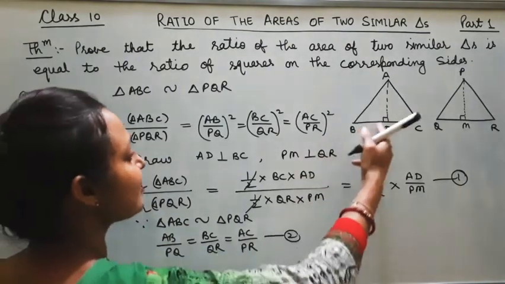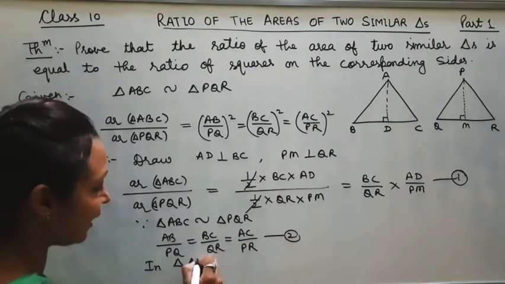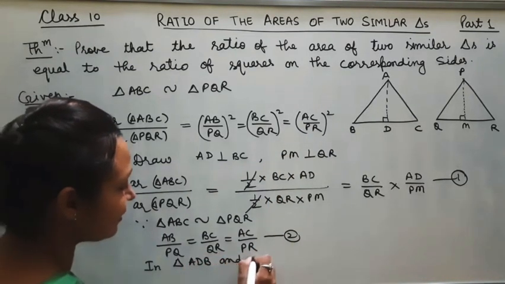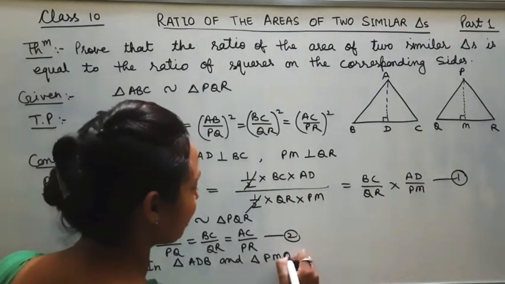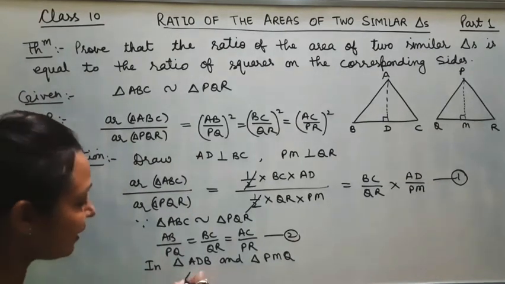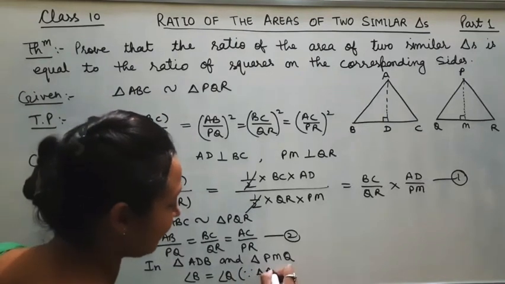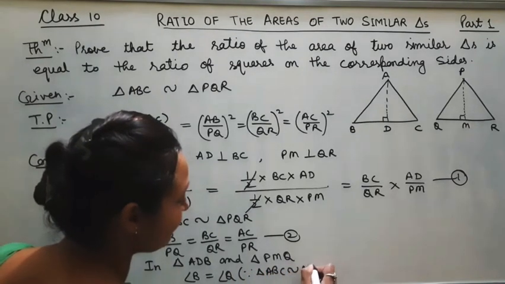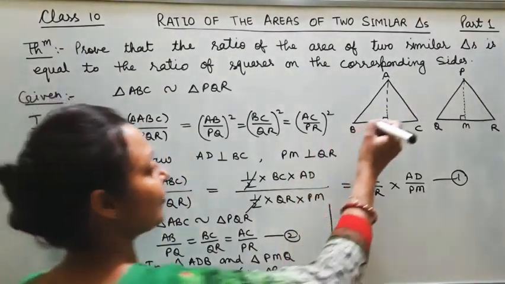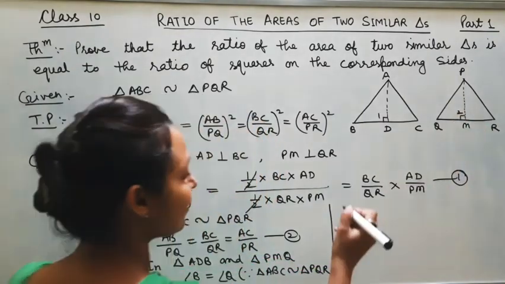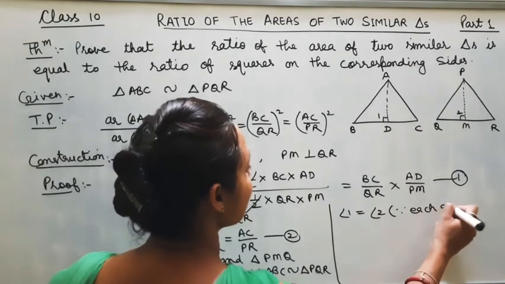Now I will concentrate on triangle ADB and triangle PNQ. Angle B equals angle Q because triangle ABC is similar to triangle PQR. This is the first angle. Second, angle 1 equals angle 2 because each is 90 degrees.